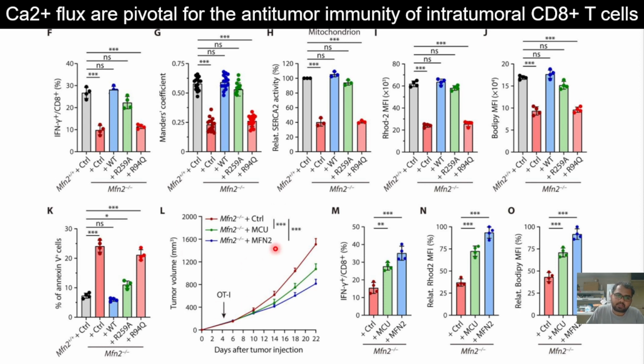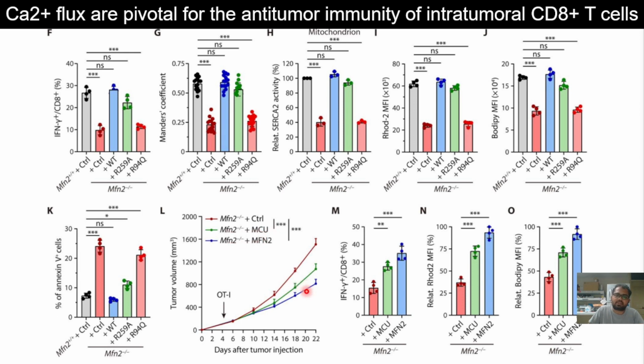In this particular experiment, they used the mitochondrial calcium uniporter. They expressed this mitochondrial calcium uniporter, which means the calcium uptake will be increased, because mitochondria in these particular CD8 T cells will have this expression of MCU.